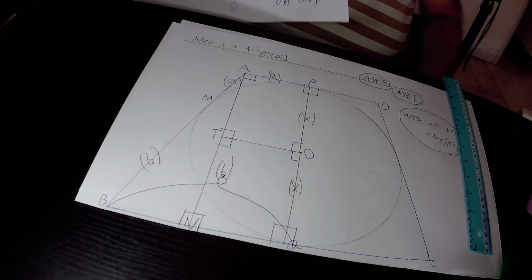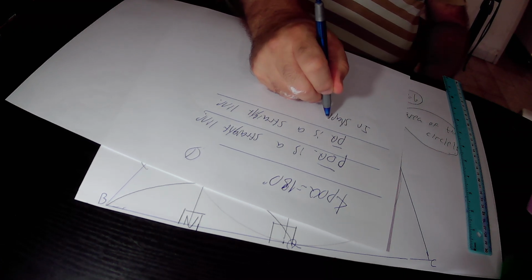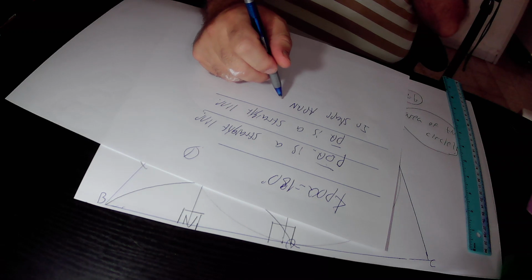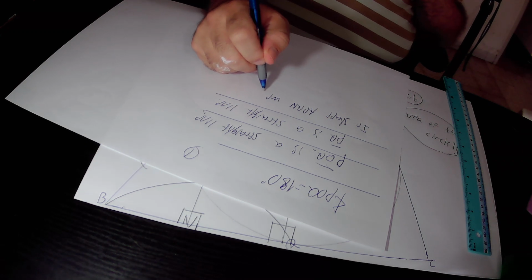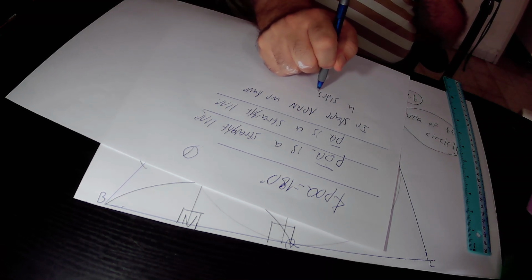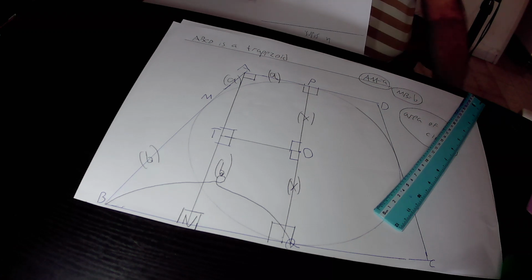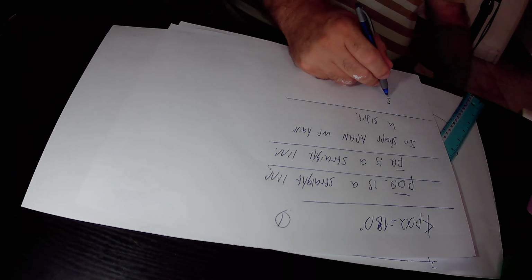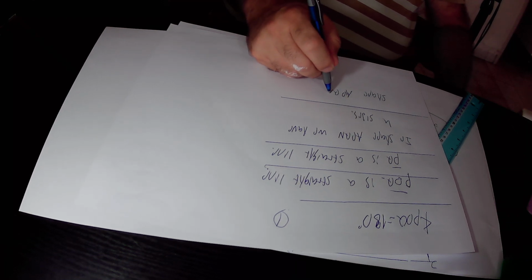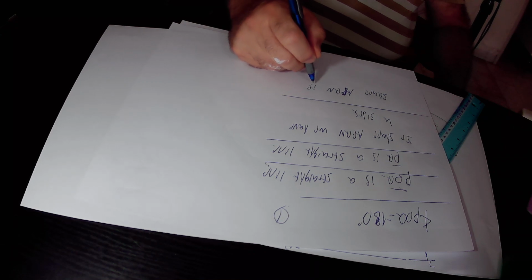So write it down: in shape APQN, we have 4 sides, and therefore shape APQN is a quadrilateral.